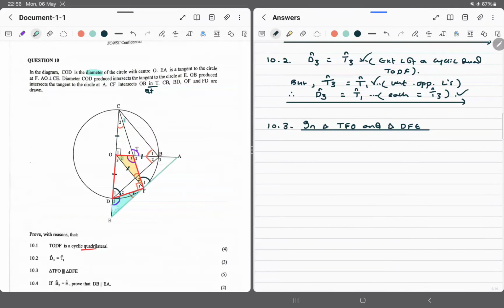So we'll start with D3 because it's already given. By the way, TFO is that one. So we can say T3 is equal to D3. This is proved above.